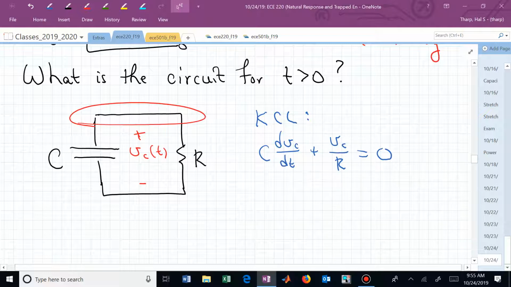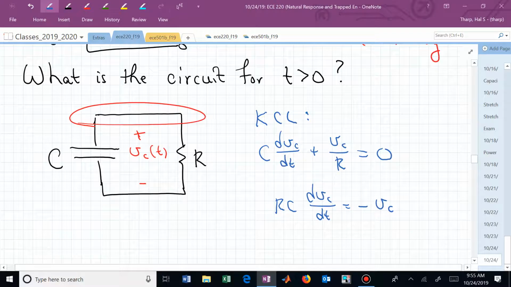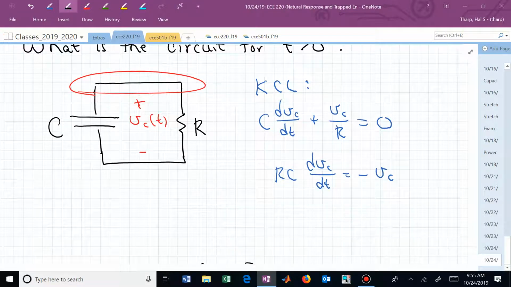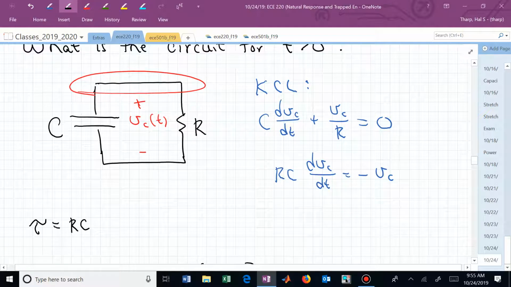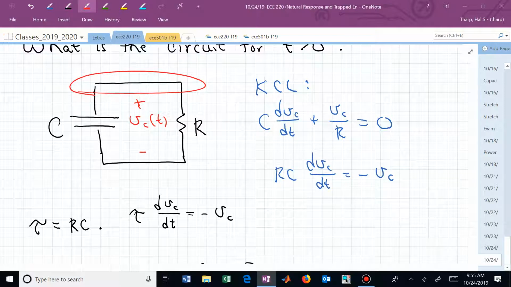So we now have RC dV sub C dt equaling minus V sub C. And if we define our time constant to be RC, then we have tau dV sub C dt is equal to minus V sub C. And that we solved last time, at least for the inductor case.